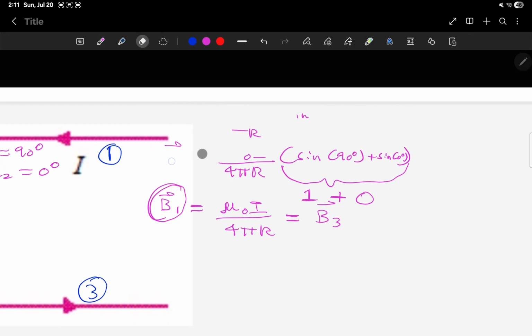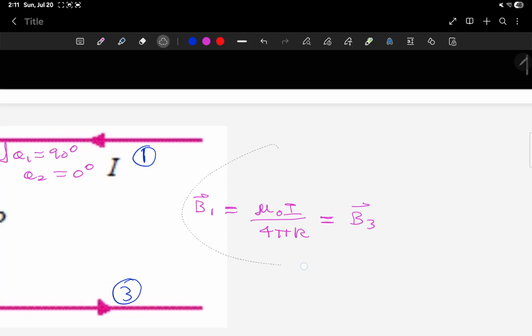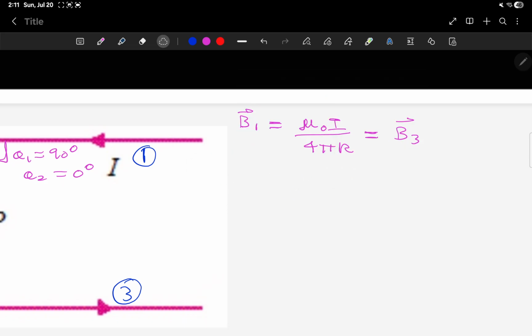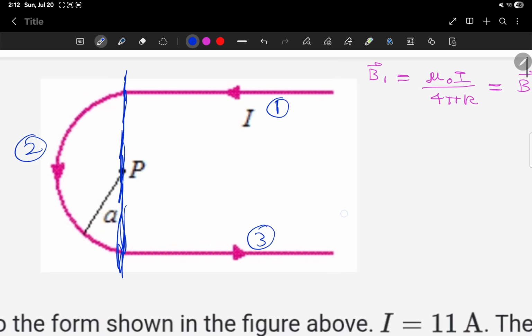Now I'll erase all of that. Oops. Now I'll pay attention to this arc over here.